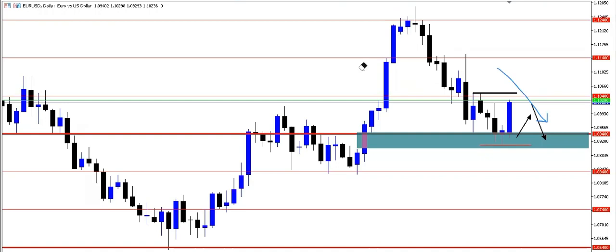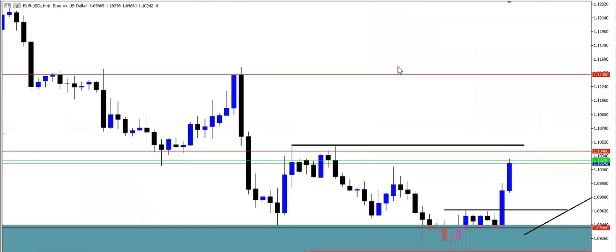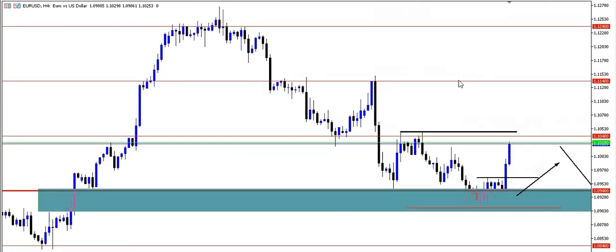So let's scale down to H4 and just see. What am I seeing here? At this point, this is the daily high and this is the daily low. So from here, I'm just expecting price to come down and target these zones here.